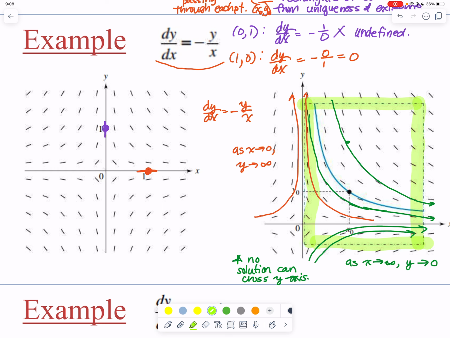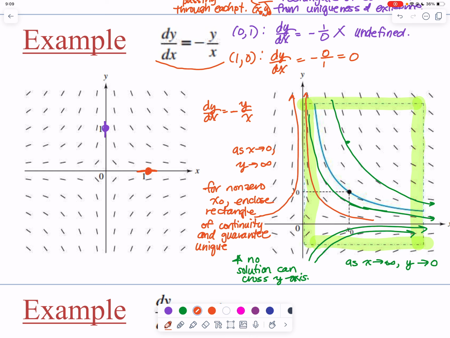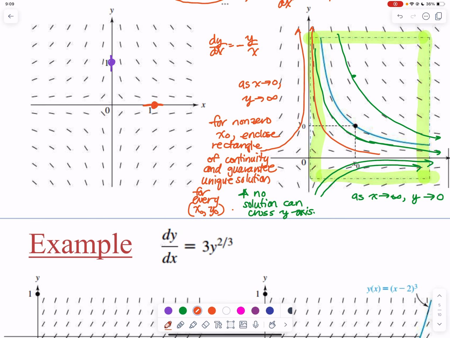If we exclude any non-zero x value, we can enclose this rectangle of continuity and guarantee a unique solution for every x and y value.